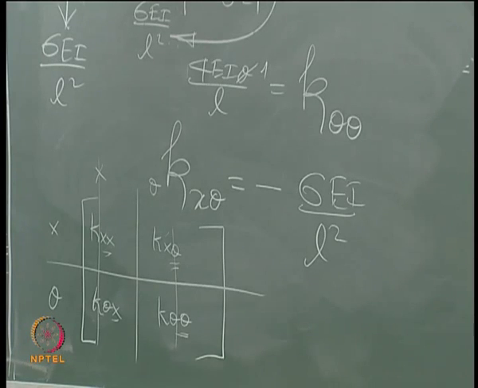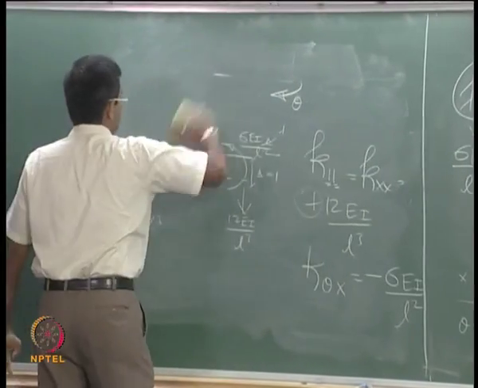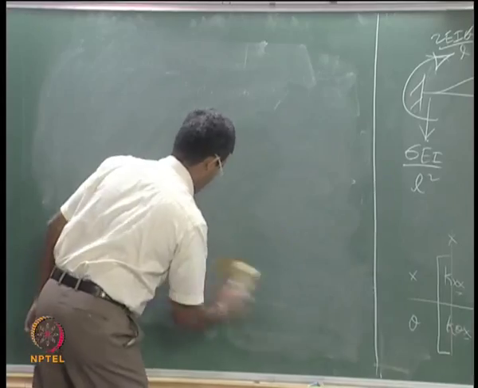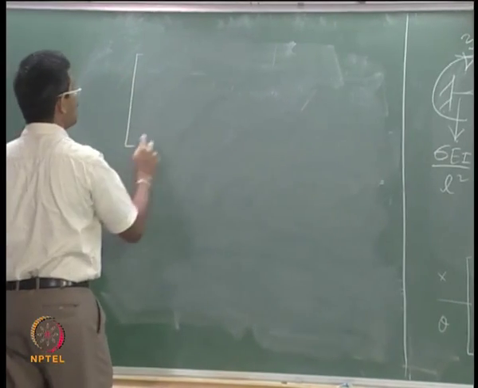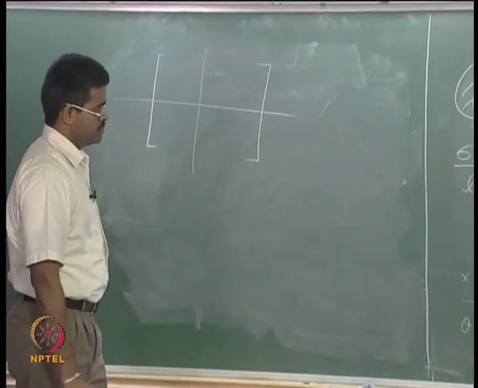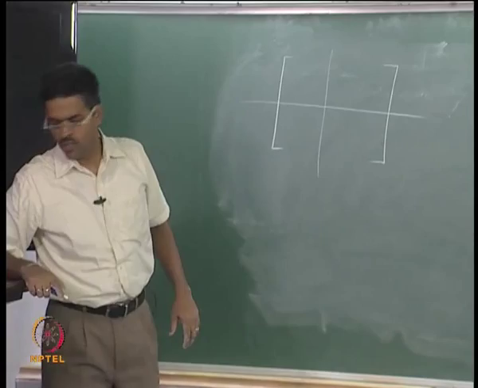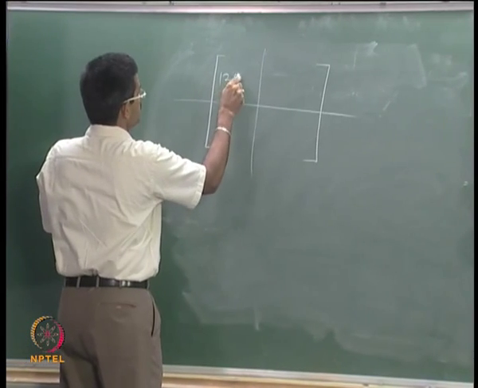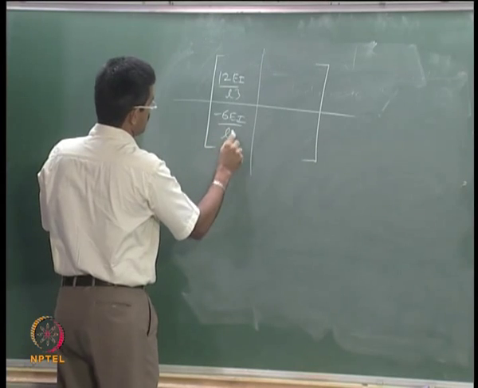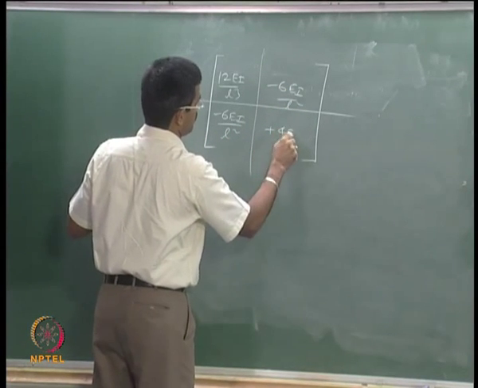Okay. Substitute back this quickly, I will remove this here. So, now a matrix: 12EI/L³, minus 6EI/L², minus 6EI/L², plus 4EI/L.